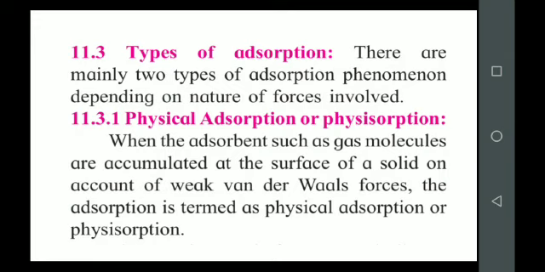Because of the van der Waals forces that act between the surface of the adsorbent and the adsorbate. Understood? So our adsorbates are what? The dust particle, the gaseous particle, or whatever it is. It can be liquid also, and it is getting adsorbed on our adsorbent, which could be anything.